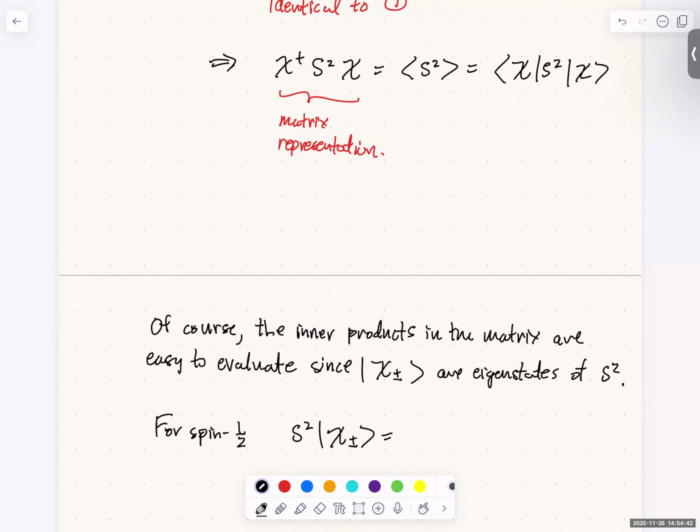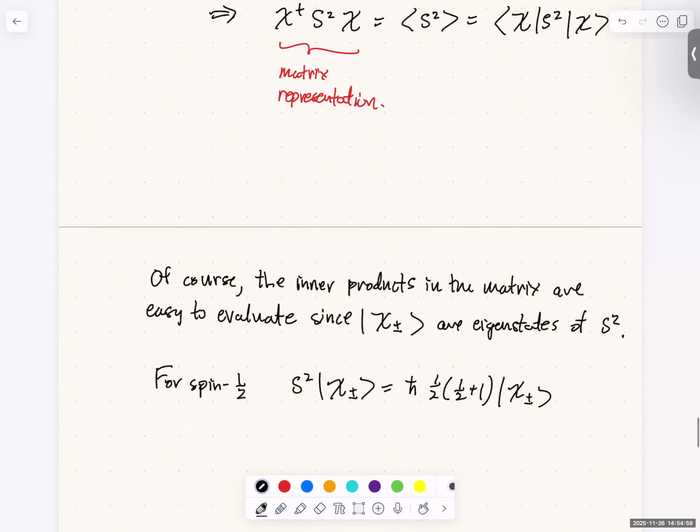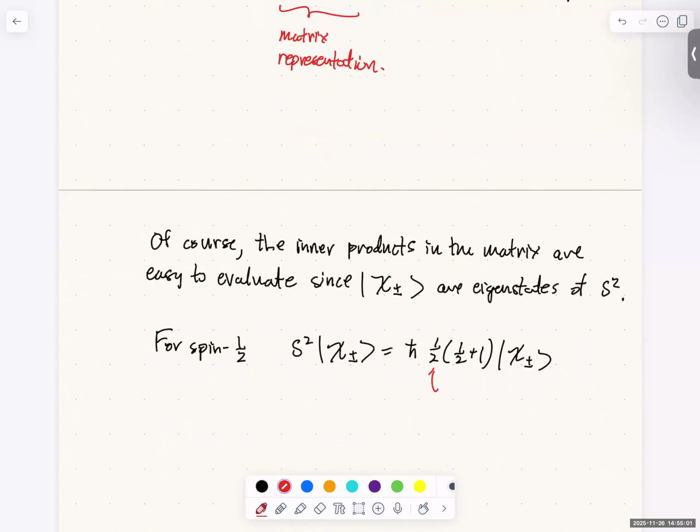M could be plus a half or minus a half, but s is always 1/2. And so this is just going to be h bar squared times 1/2 times (1/2 plus 1) times chi plus minus. So this is s equals 1/2.